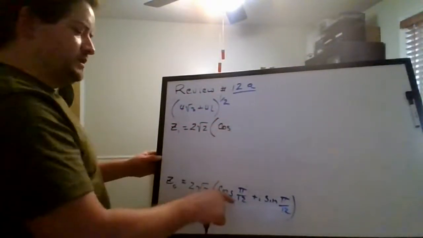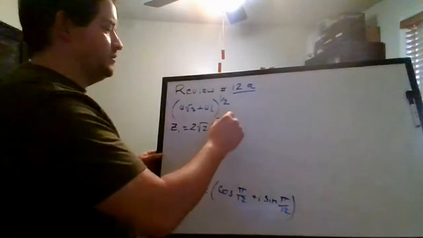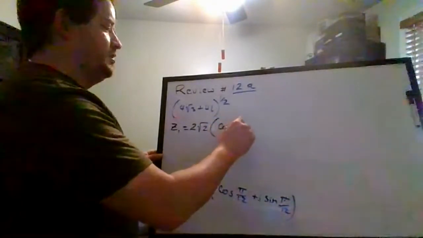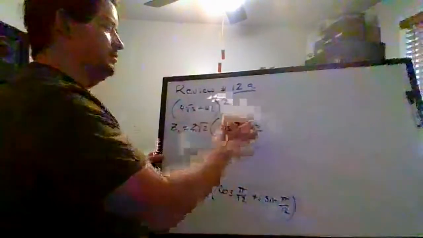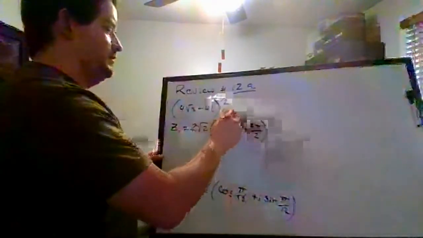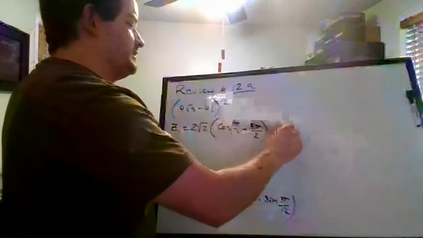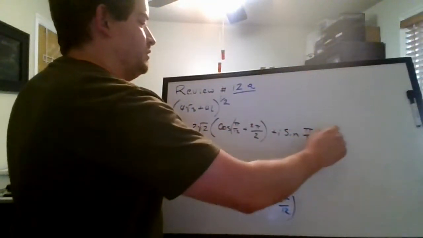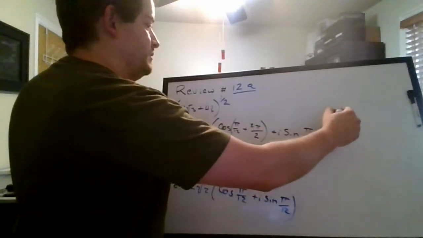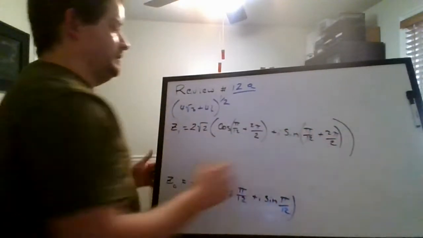This is then cosine of this initial angle, pi over 12, but I add to that 2 pi divided by 2, plus I sine of the same thing, pi over 12 plus 2 pi over 2. Right?